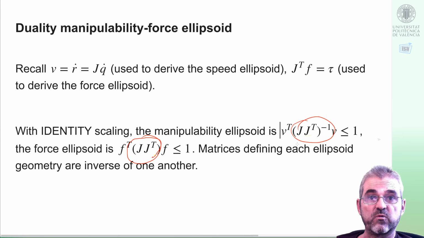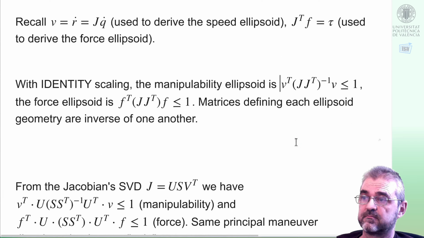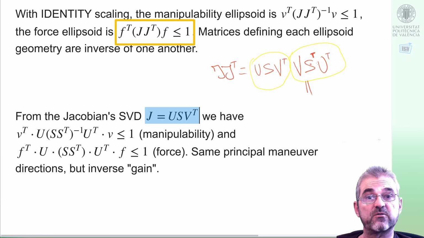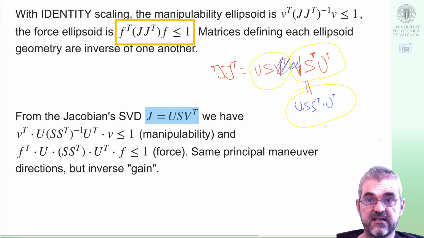If we examine this with a little more depth, then if we assume that the non-scaled Jacobian has this U S V transposed singular value decomposition, U and V are orthogonal matrices, S is a diagonal matrix, then this is J J transposed, and then V transposed is the inverse of V, so they cancel out, and we get this expression that, okay, it is in fact a diagonalization of a symmetric positive definite matrix, because we have a diagonal matrix S transposed and an orthogonal matrix U, so that S transposed are the eigenvalues of J J transposed and U are the eigenvectors.